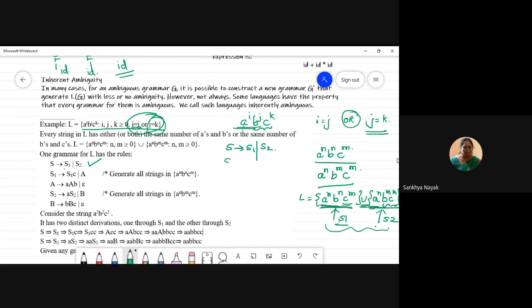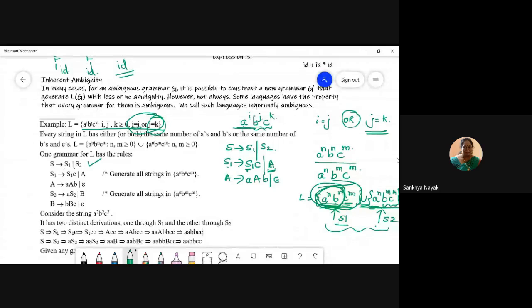So how will I write S1? S1 derives S1C or A. What is this A? This A replaces this S1, so S1 derives A, which is equal number of A's and equal number of B's.